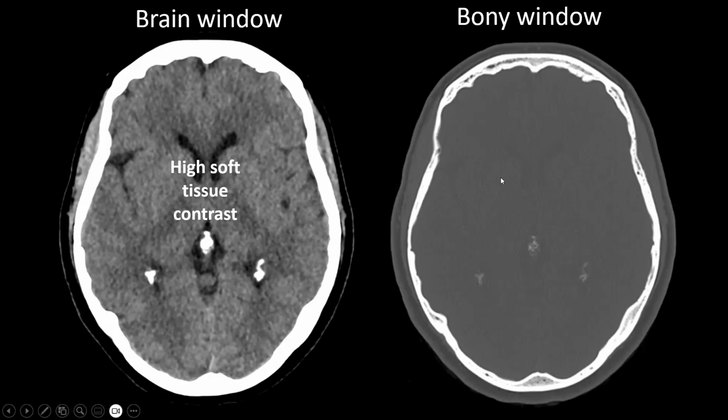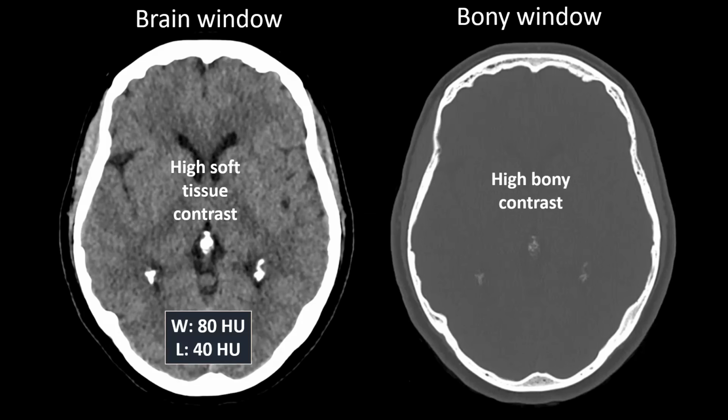And then on the bone window, everything looks gray except the bone, but we can see the different components of the bone. We can see the outer layer, the inner layer, we can see the diploe containing trabecular bone. So this is a very good window to look for bony pathology like fractures, and it has a high bony contrast. I do not know all these values by heart, but it's just an example.